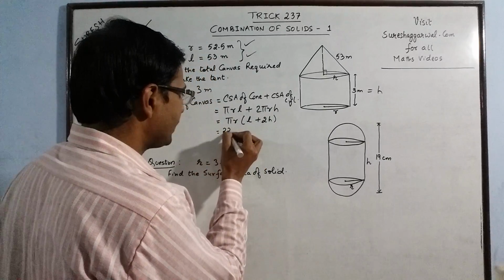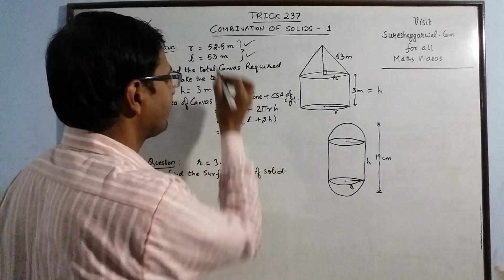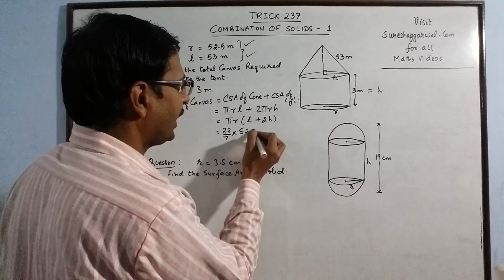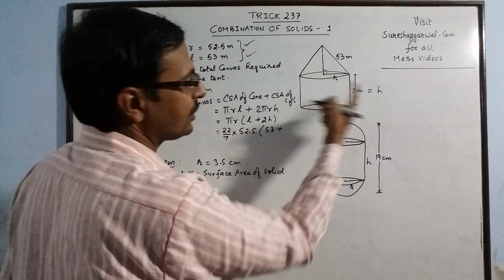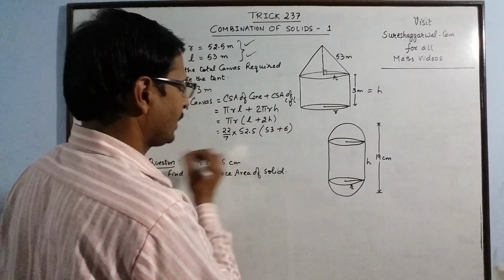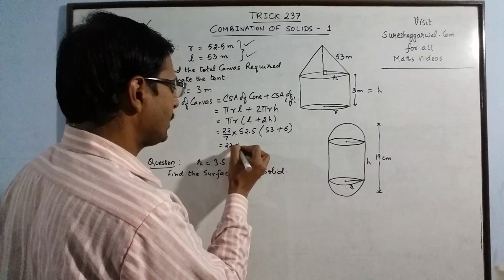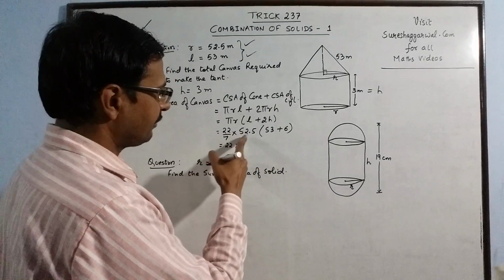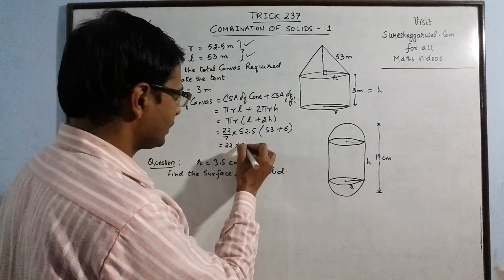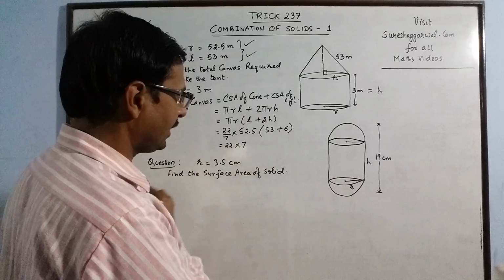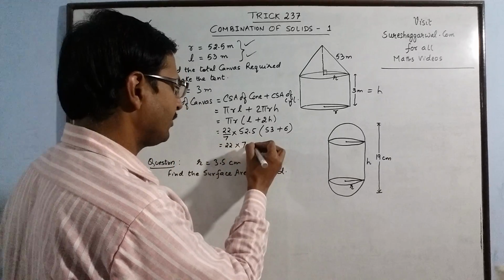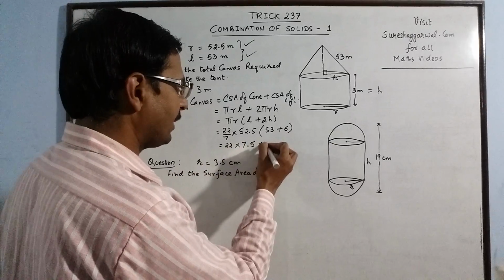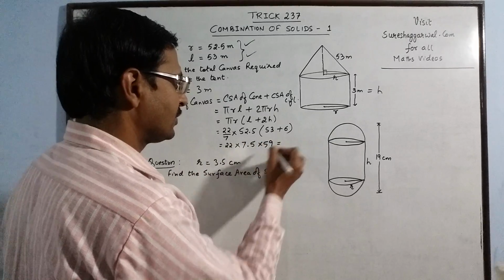Pi is 22/7, r is 52.5, L is 53, and double of height is 2 times 3, so it is 6. Now 7 and 52.5 cancel out: 7 sevens are 49, so 3.5 remains, then 22 times 7.5 and multiplied by 59.